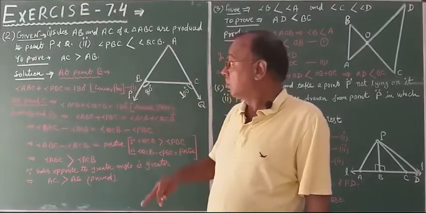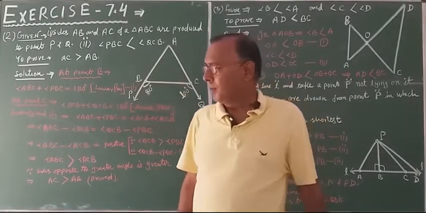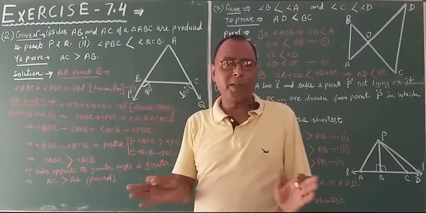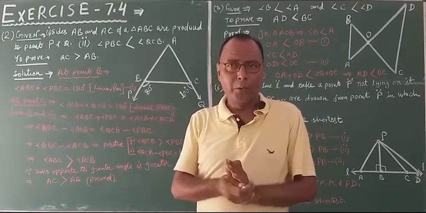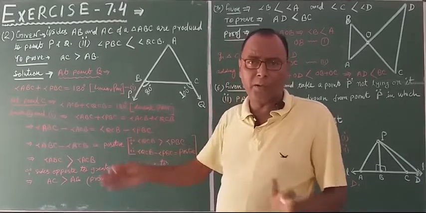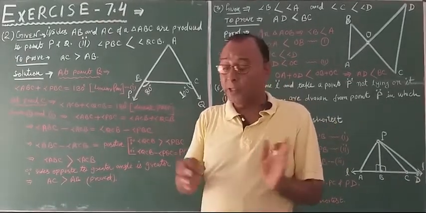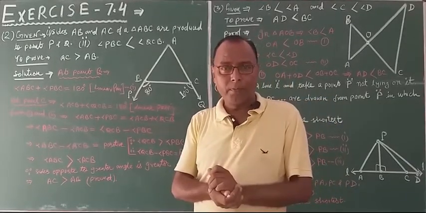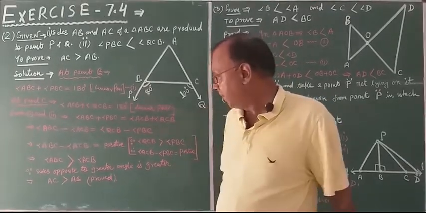Now before proceeding to this problem, a recap of the basics of triangles, the properties used in such problems. The first was: the side opposite to the greater angle is greater.